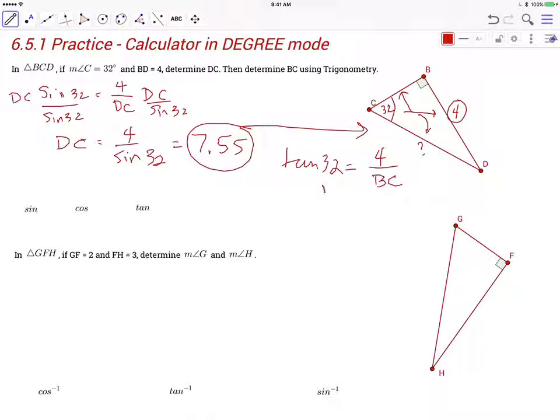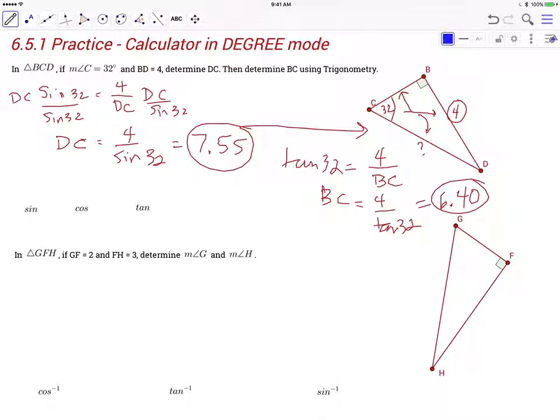Right? It turns out that BC will be 4 over tan 32, and 4 divided by tan 32 is 6.40. Okay, hopefully you got those.